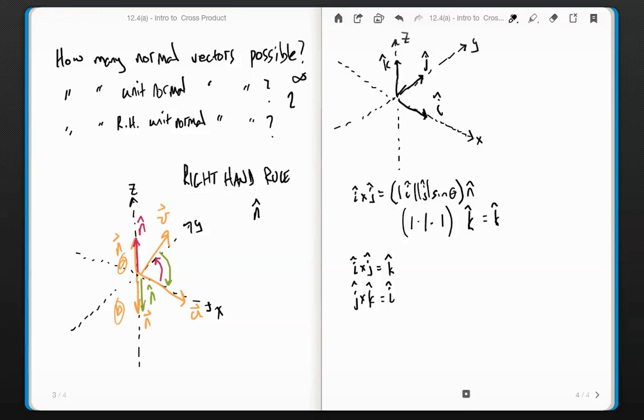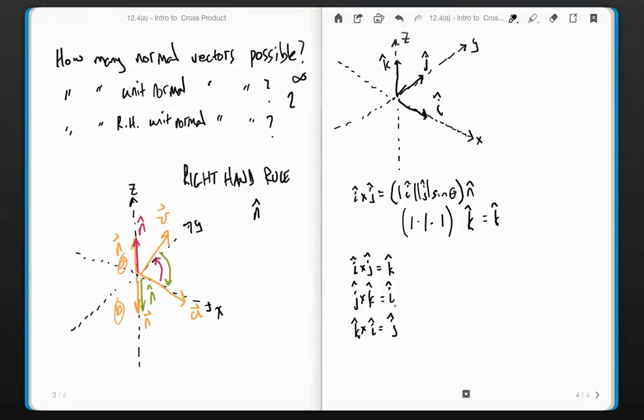K cross i. So k cross i, that's kind of another wrist buster here, but if our right fingers point that way, k to i, curling this way, then my thumb points in the direction of j, so k cross i must equal j. Alright, good.